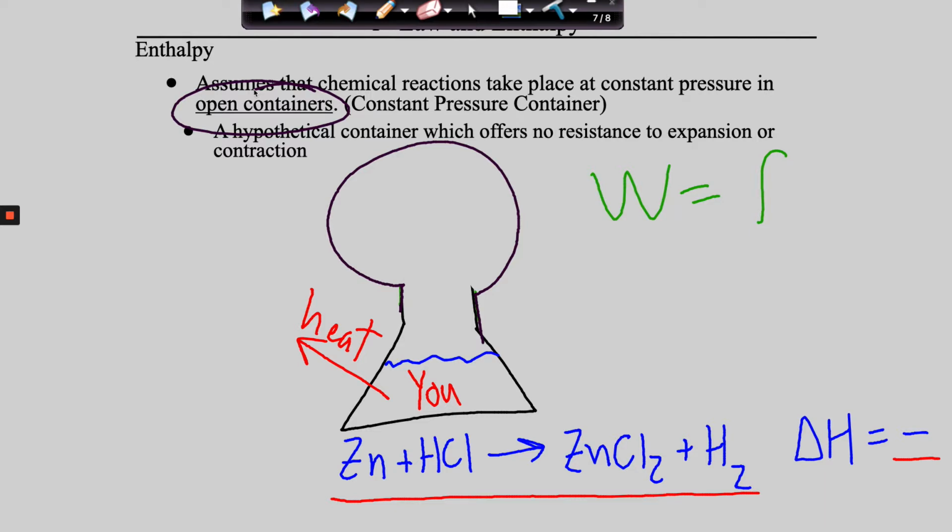It just magically knows how big or small it needs to be in order to house that gas. So as more gas goes in, it just magically gets bigger. And as gas comes out, it just magically gets smaller. And it doesn't offer resistance. Guys, this is what an open container is. An open container is a hypothetical container which offers no resistance to expansion or contraction.